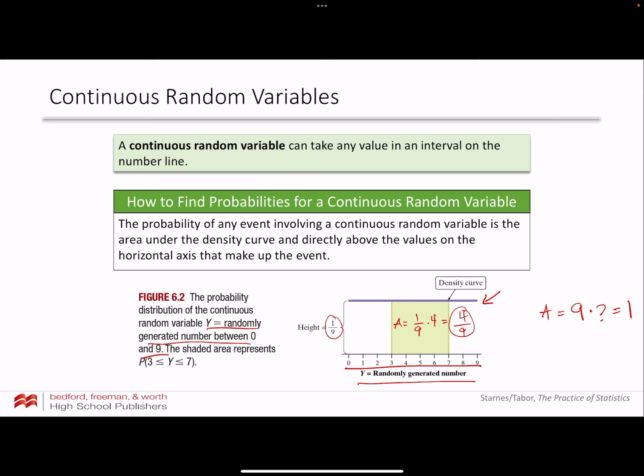Now we're going to ask a very similar question, but instead we're going to say, if I randomly select one number, what's the probability that it's between 3 and 7? And the answer is still going to be the same, 4/9.